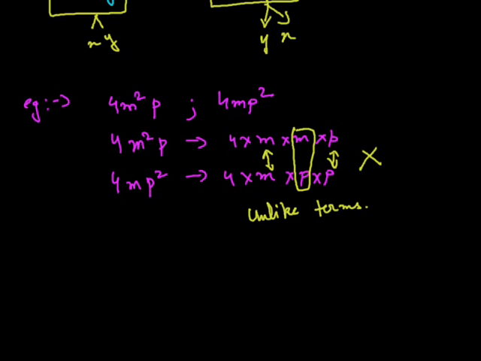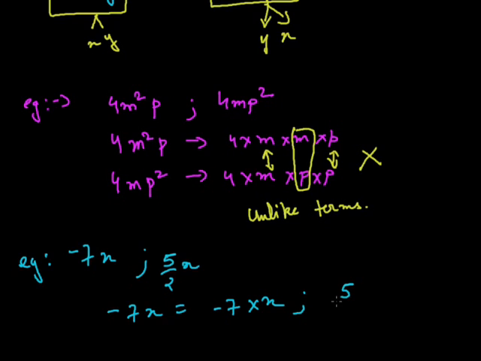Now if we have to see whether minus 7x and 5 by 2x are like terms or not, we will first find the factors. The factors of minus 7x are minus 7 into x, and the factors of 5 by 2x are 5 by 2 into x.